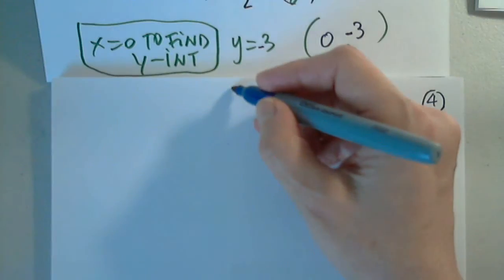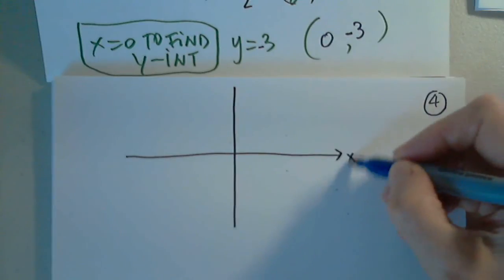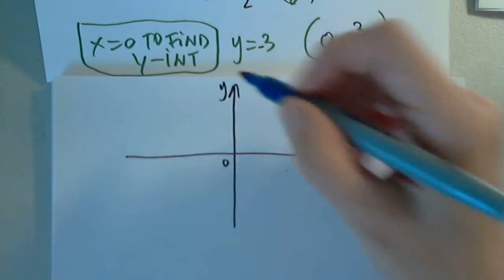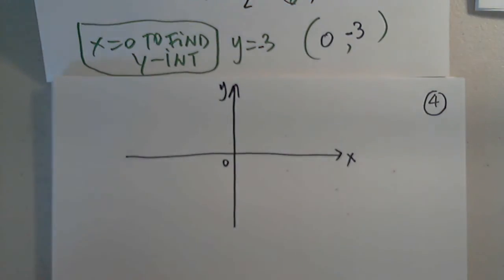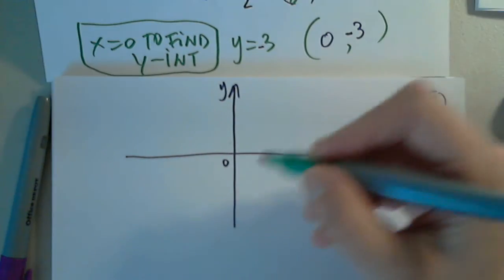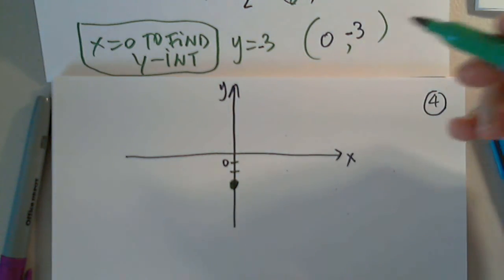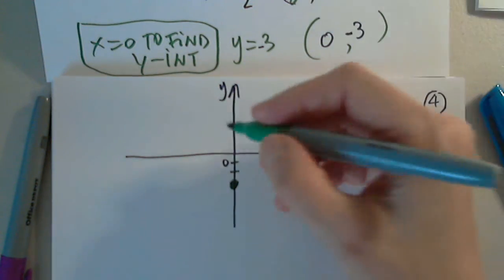Okay, we're ready to graph it now. Good. So 0 for x, negative 3 for y. Negative 3/2 for x, 0 for y.